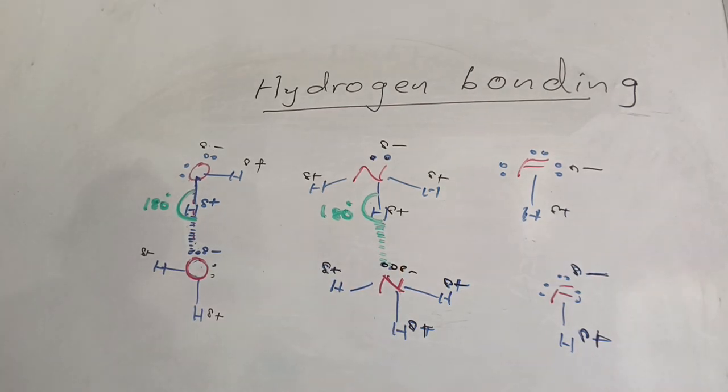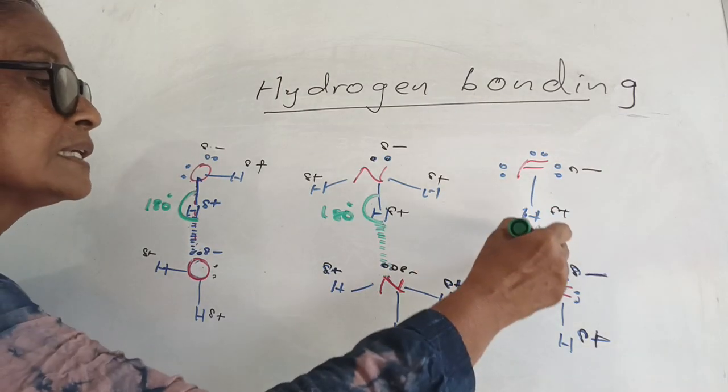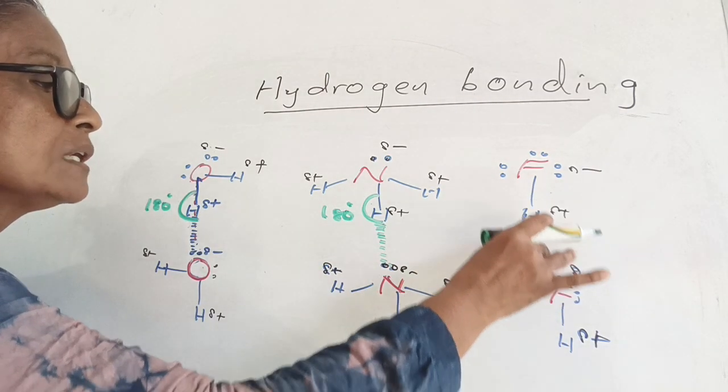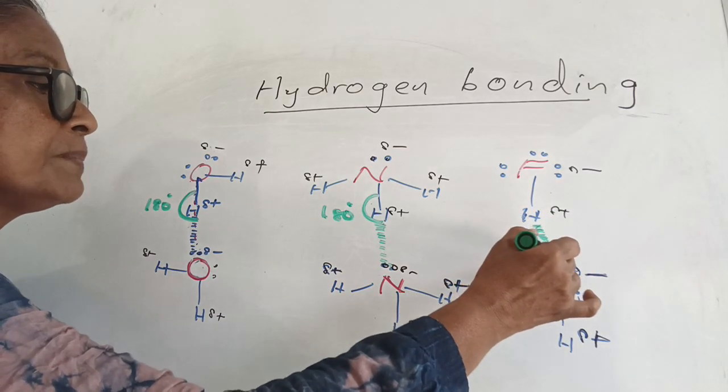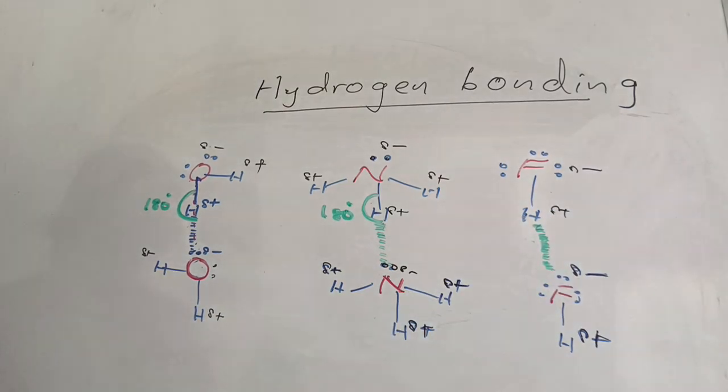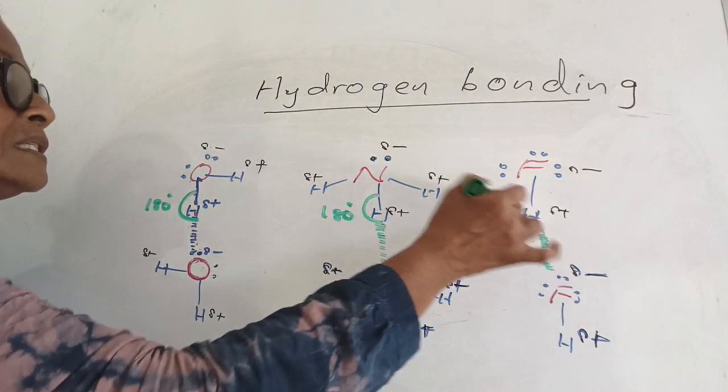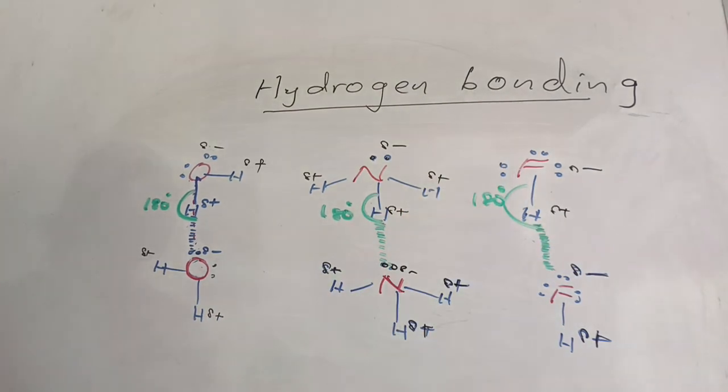The same can be drawn with the HF molecules. The dotted line should be present, where the slightly positive hydrogen is attracted to the lone pair of electrons, and 180 degrees is the bond angle.